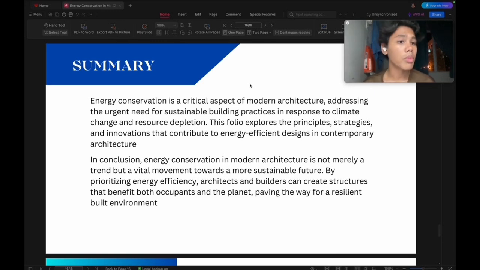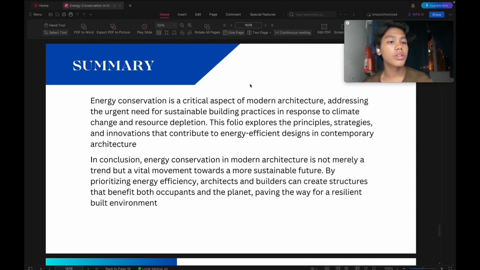And also, by employing strategies such as passive design, advanced insulation, renewable energy integration, and smart technologies, architects can create energy efficient structures that minimize resource use while maximizing comfort and functionality.